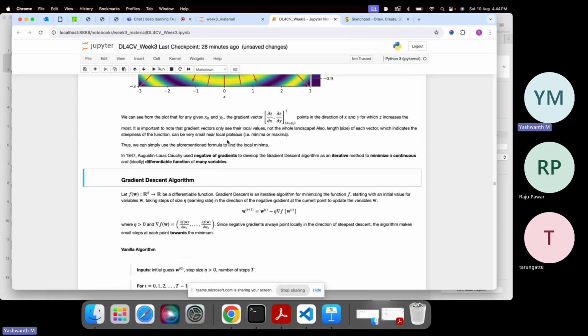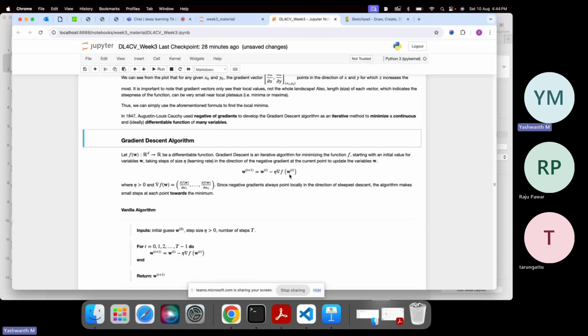So basically the gradient descent algorithm is nothing but this: because we know the gradient points in the direction where the function is increasing, if you take the negative of the gradient, then it points in the direction where the function is decreasing. So let's say we have our weights at time t, and we observe that we got some gradient.